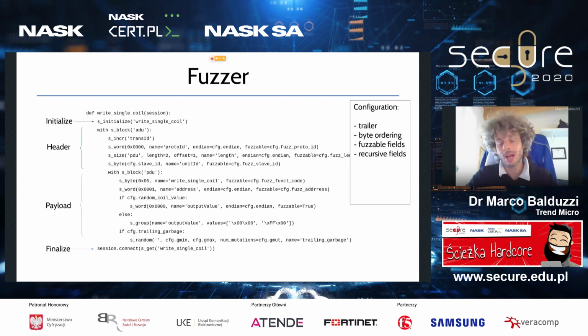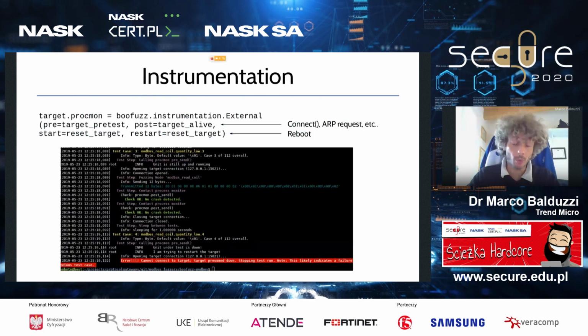It came in very handy for us to generate all the combinations of messages we wanted in order to trigger vulnerabilities. You can of course also instrument the fuzzer, so you can monitor for particular conditions. For example, here you have an example in which the fuzzer detects a crash of the device.